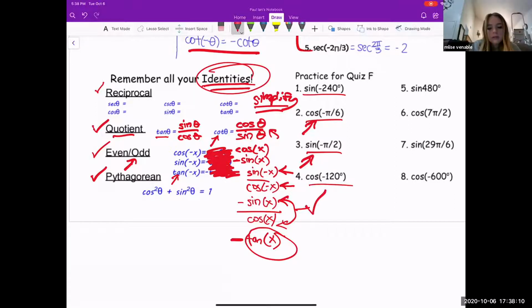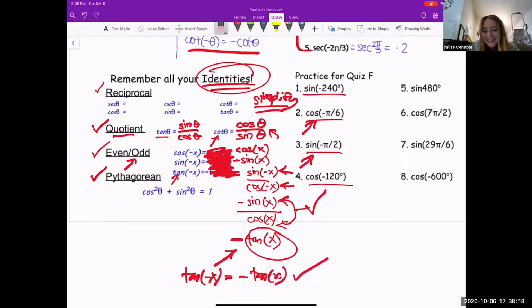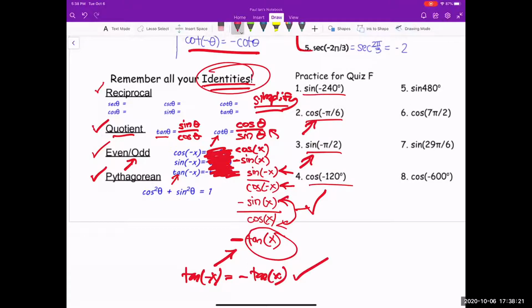Obviously you could take the shortcut, but there are times when you use this later on and you don't remember, you can always go back to the fundamental definition of what is a tan, what is a cotangent, something like that.